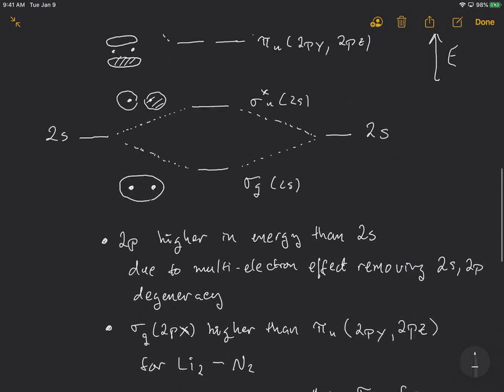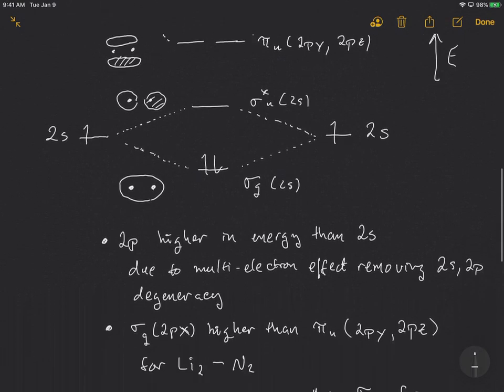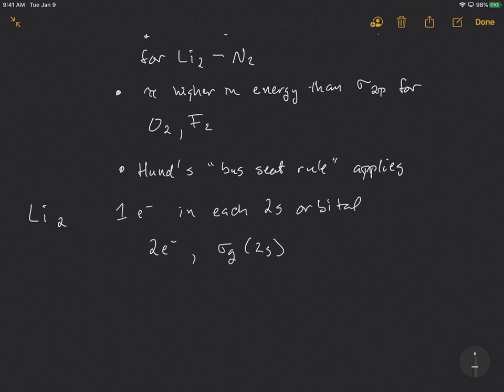Let's scroll up. We start with our electrons in each of the 2s orbitals, and then of course they just sort of fall into this sigma g 2s. And if we look at this, we have 2 electrons in a bonding orbital and no electrons in any antibonding orbitals. And so the bond order is 1.